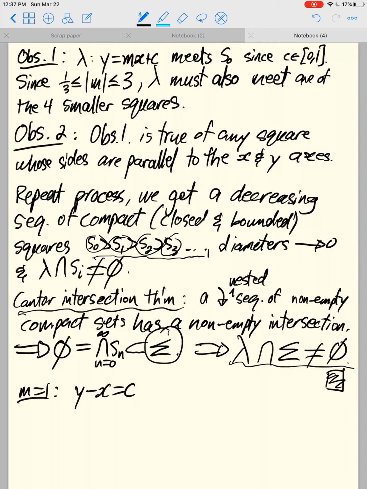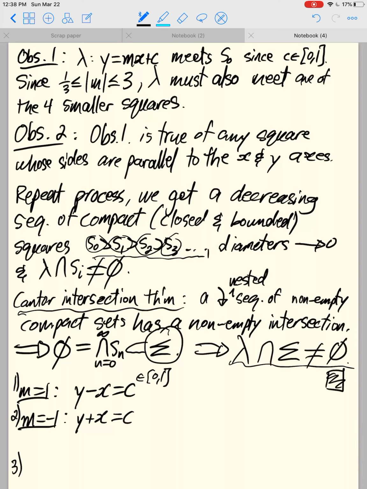For any c in 0, 1, there's some y and x where this is true. Now, if we take m equals -1, then we'll get result number 2. So this was 1, this is 2, and I'll show 3 after. Because then we have y plus x equals c. So every point in 0, 1 is the sum of points in the Cantor set.